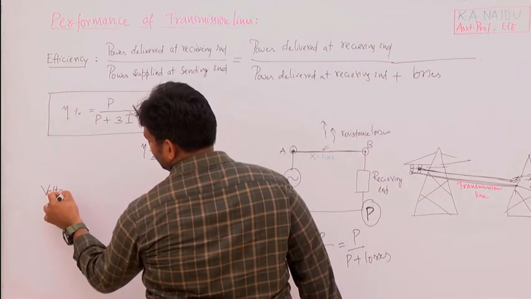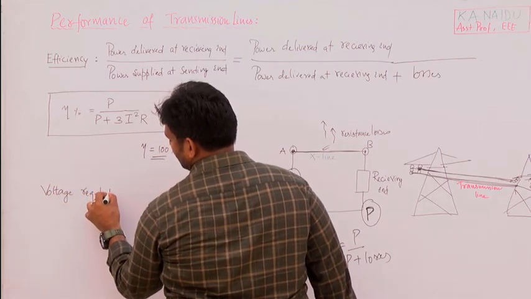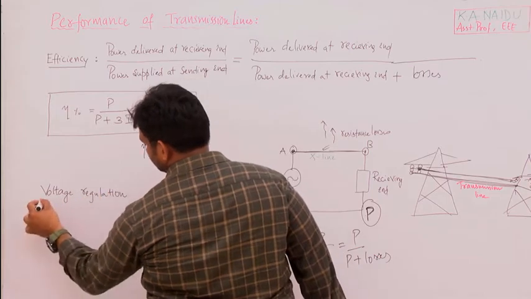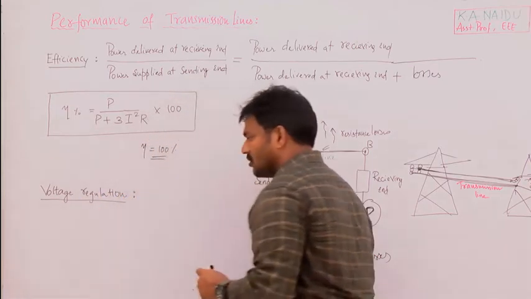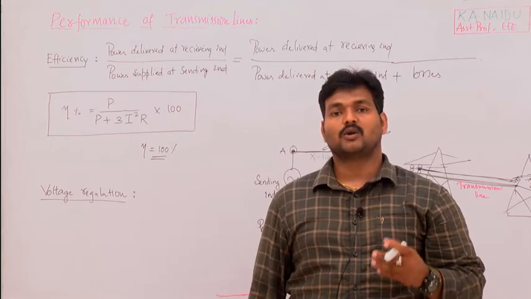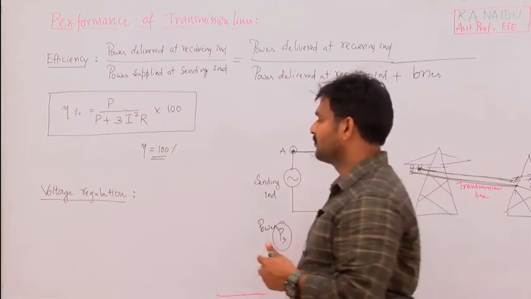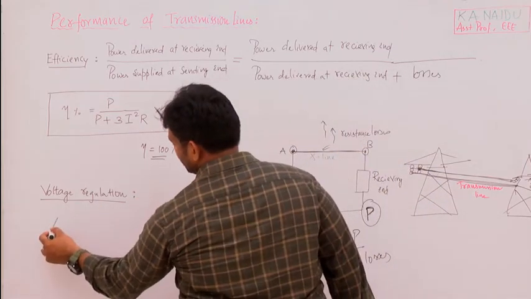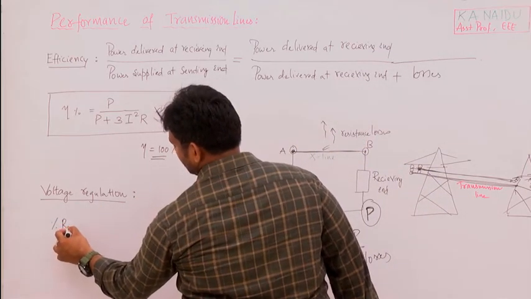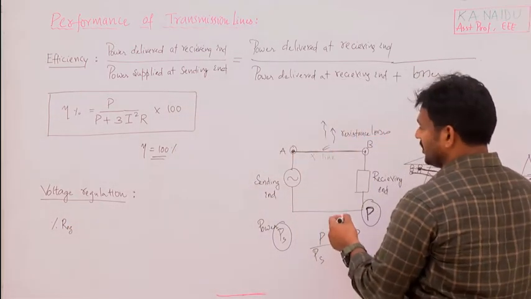Okay. The next important factor to study is voltage regulation. All these are fundamentals that are required to understand the performance of transmission line. So voltage regulation, let us take it as percentage R. Let's see here again.